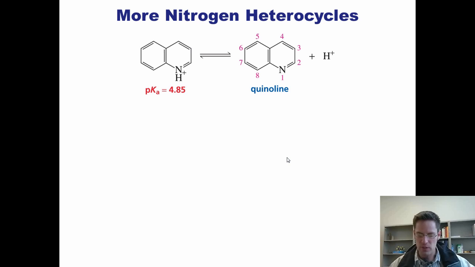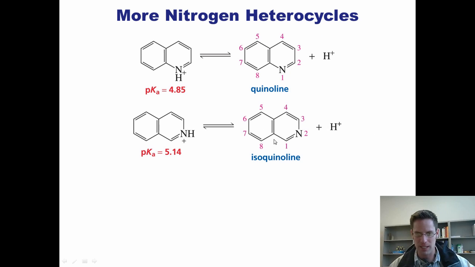There are various other nitrogen heterocycles that I want you to have met. Not that I'm going to ask you any in-depth questions about them on an exam, but because I don't want them to look completely foreign to you when you come across them later in your careers. This compound, found at the core of numerous natural molecules, is called quinoline. Its structural sibling, shown here, is called isoquinoline.